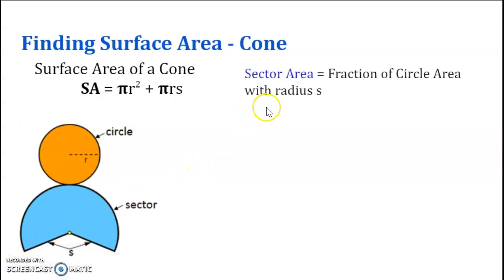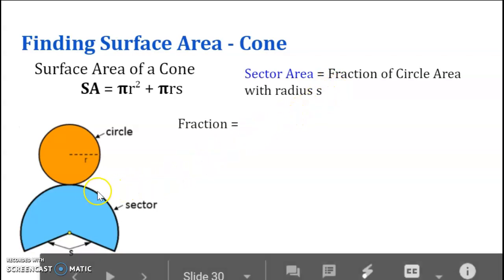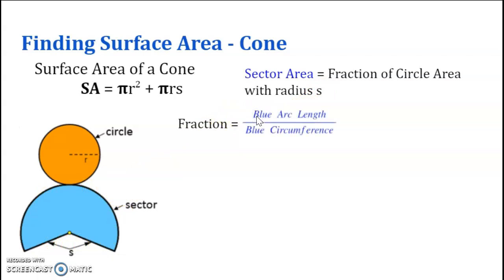Sector area is a fraction of the circle area with a radius. So how much of the whole blue circle do we have? The fraction is really just the arc length divided by the whole circumference, right?